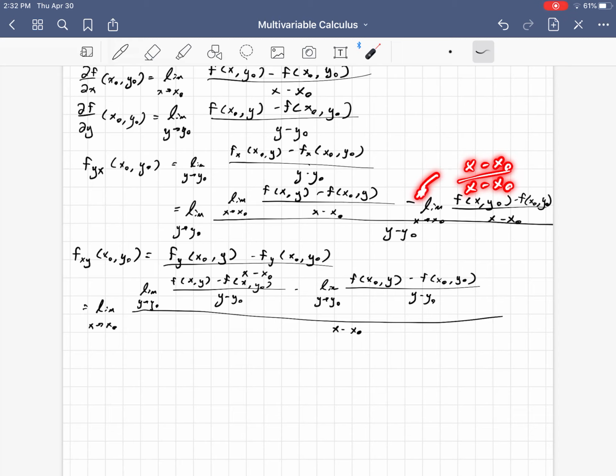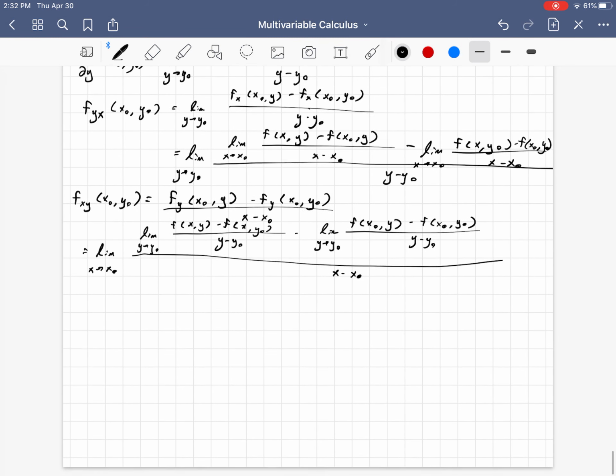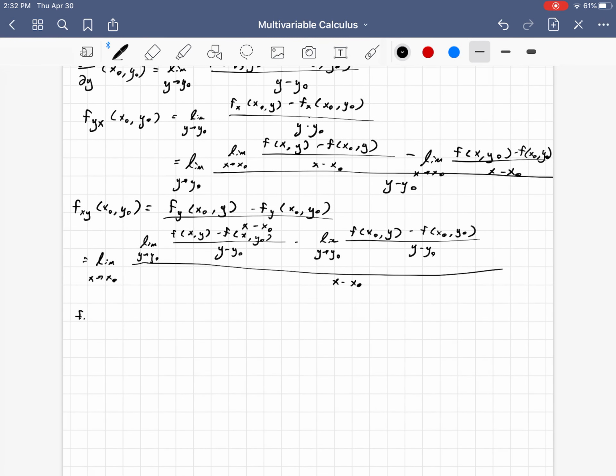That's what I'm going to do to that first one there. And then I'm going to multiply this second one here by y minus y naught over y minus y naught. And then that's going to multiply the second one here. So when I do that, I get that f sub yx evaluated at x naught comma y naught is going to be the limit.